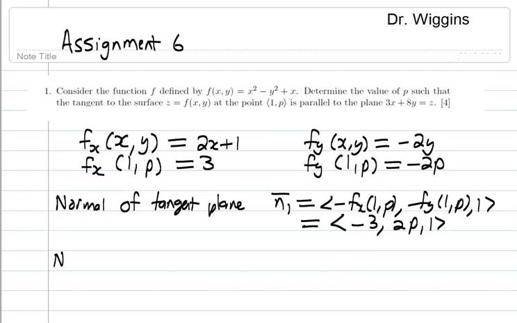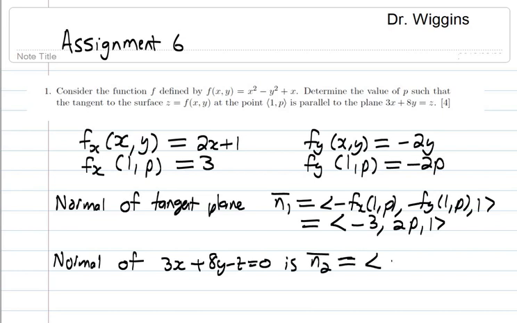And now the normal of the other plane, so the normal of 3x plus 8y minus z equals 0 is, let's call it n2. It's the coefficient of x, the coefficient of y, and the coefficient of z. And now it's given that the two planes are parallel.